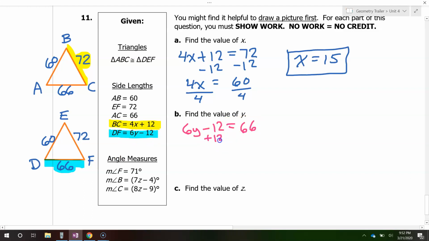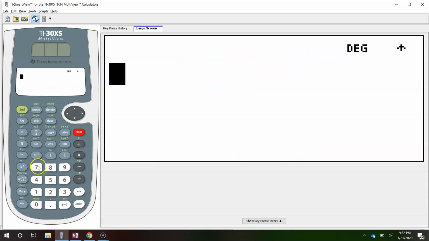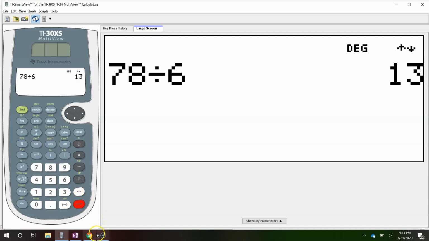Let's add 12 to both sides. That's going to give me 6y is equal to 78. And then we divide both sides by 6, and that tells us what y is. 13.